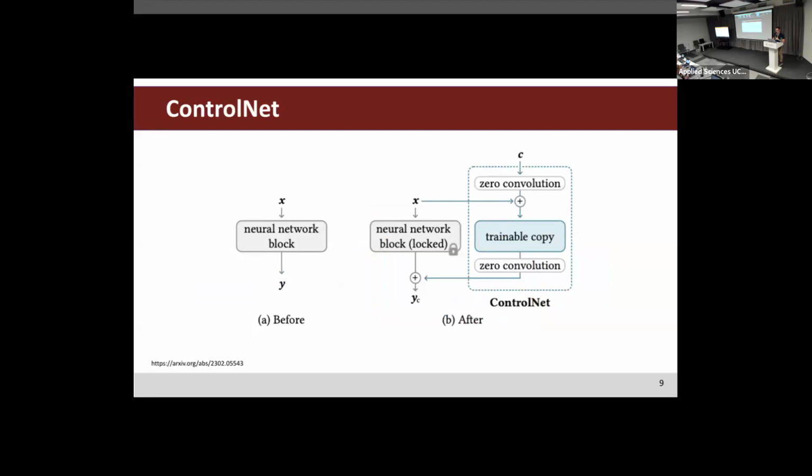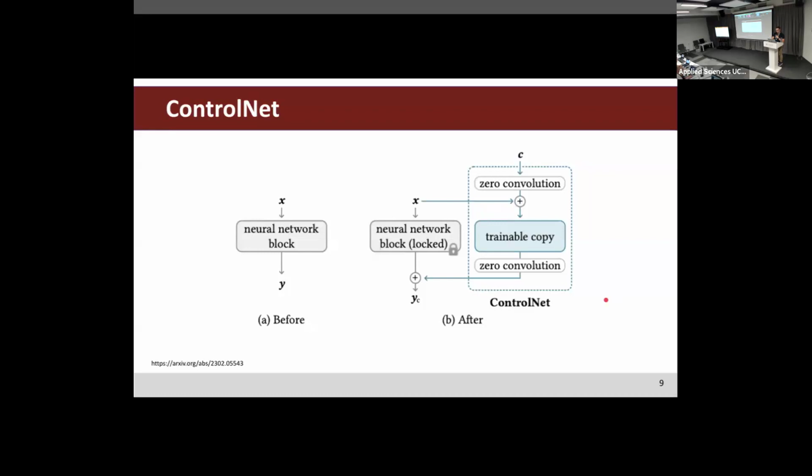And it was done by copying some layers of the model, inputting the condition to it, and adding it back to the main forward through the zero convolution, which is a convolution initialized with zeros. And this zero convolution is essential because if we initialized with random values, it would have a strong noise impact on the main forward, and with zeros, we could gradually fine-tune this.